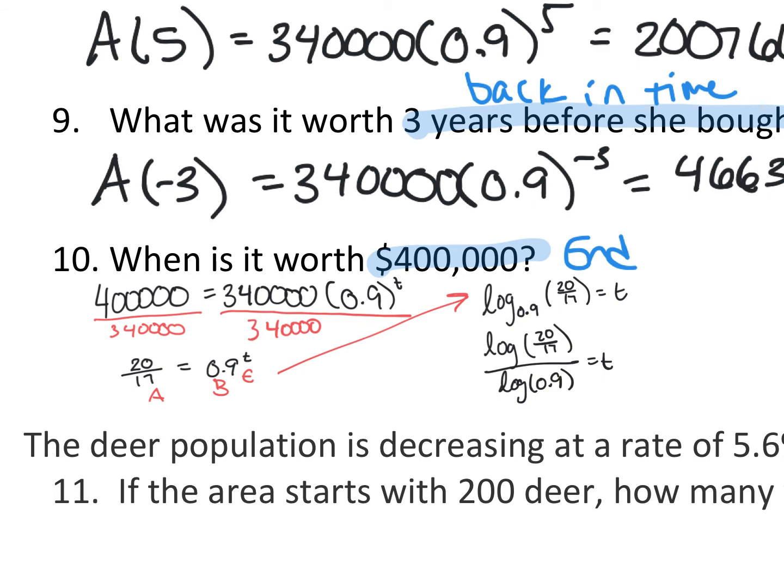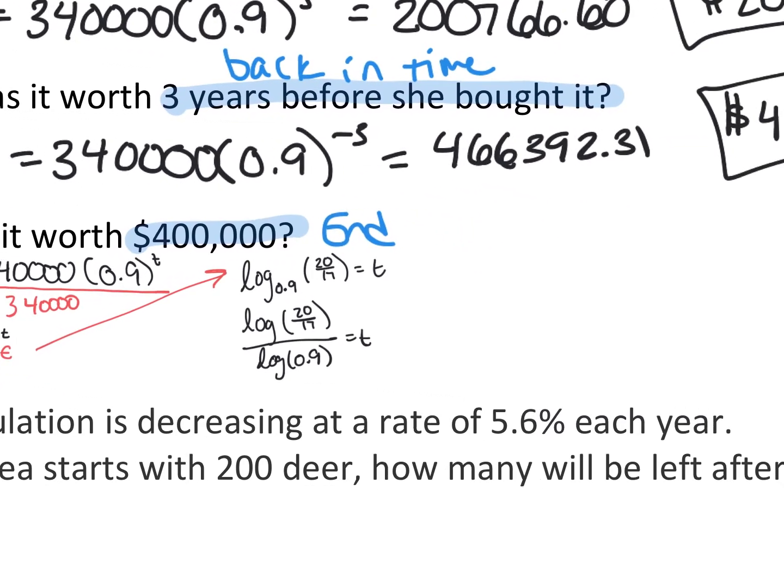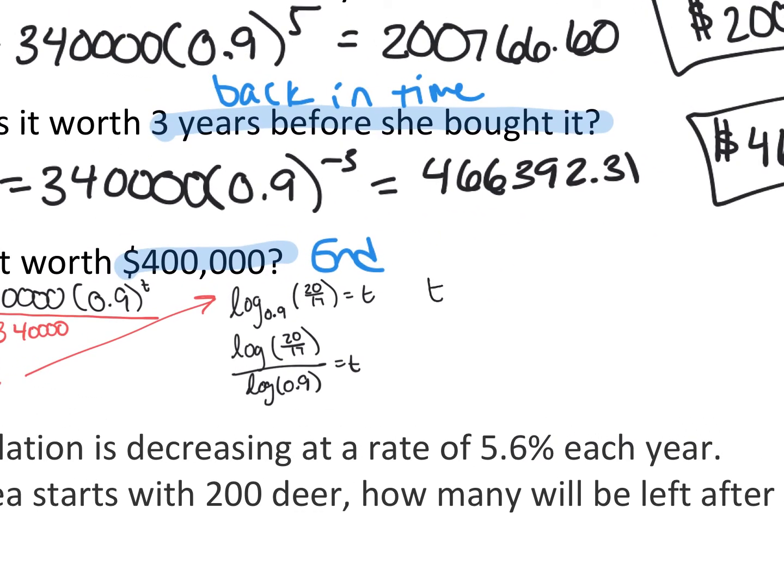Well, since that's more than our starting amount, we end up with a negative number. We get t is equal to negative 1.5425. Since we're dealing with time, I'm going to round to the fourth decimal place here because we have days, minutes, seconds, that type of thing.